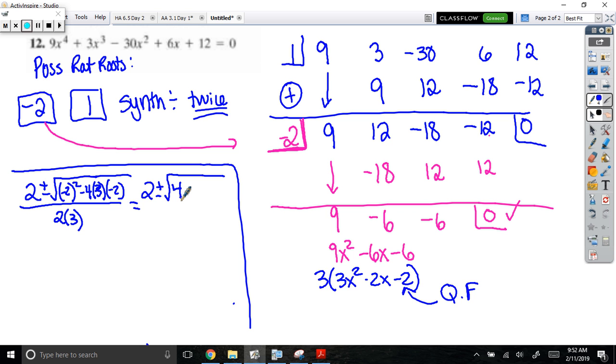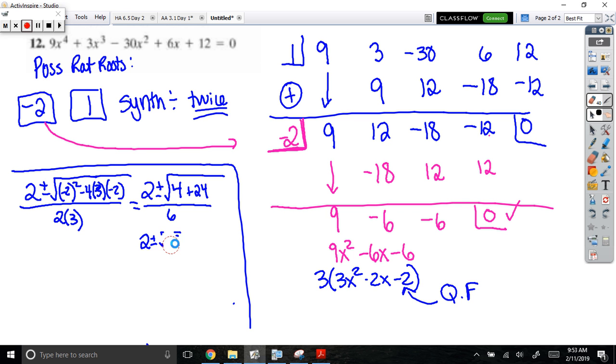And so we will get -12 times -2, which is a positive 24. Should get 28. It's a little messy.